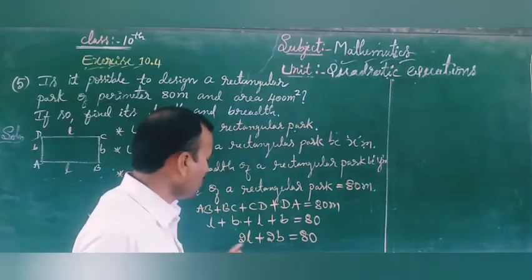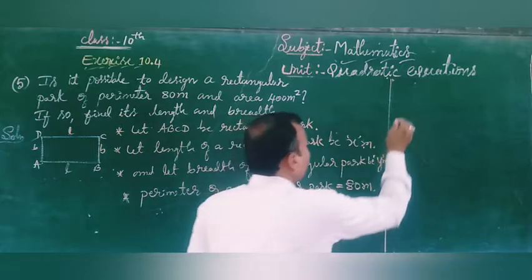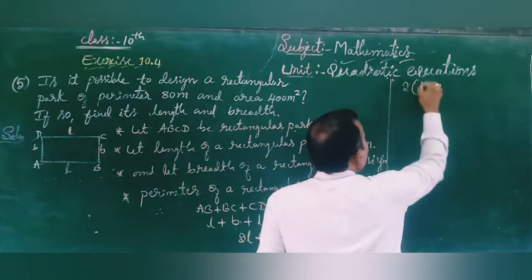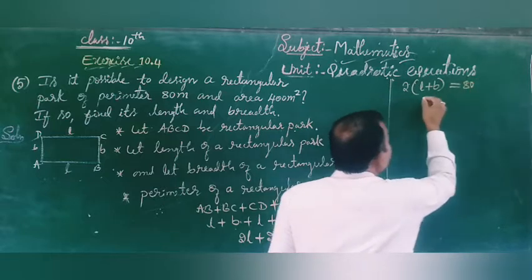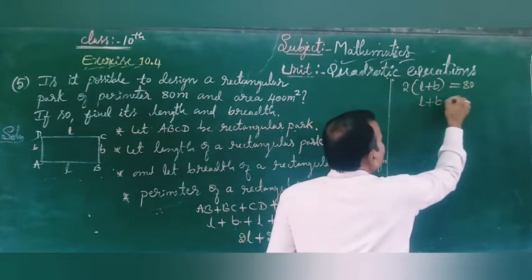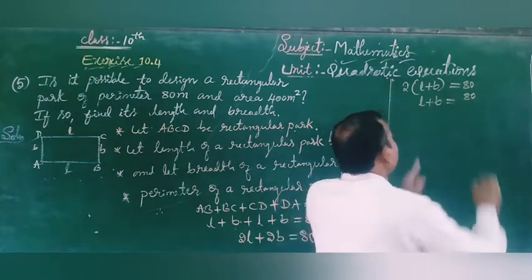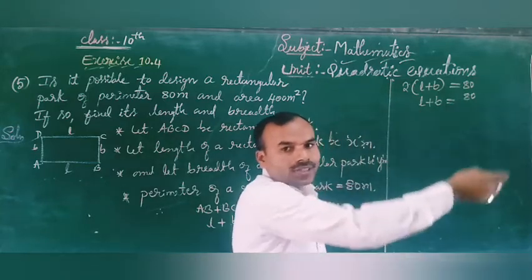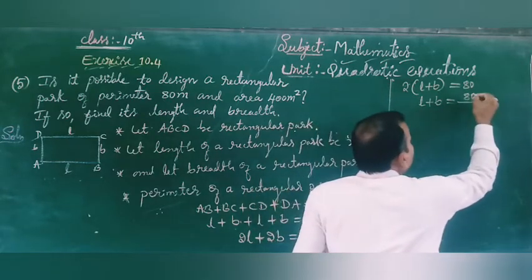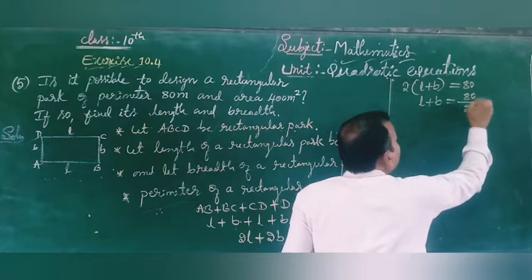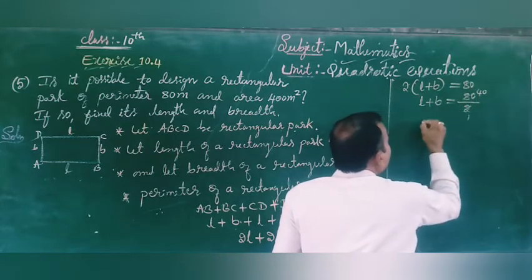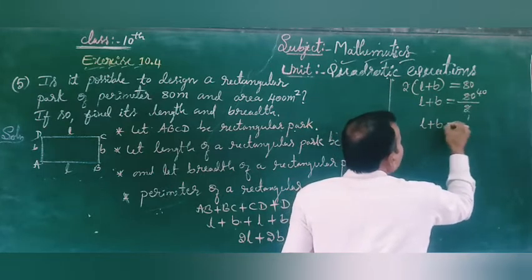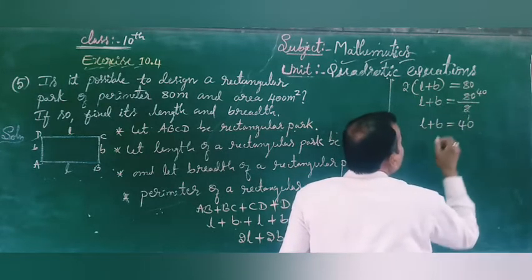Next, take out 2 common. Here 2 into L plus B equals 80. Transpose 2 to the RHS. It is written in the denominator, 80 by 2. 2 forties are 80, so L plus B equals 40.